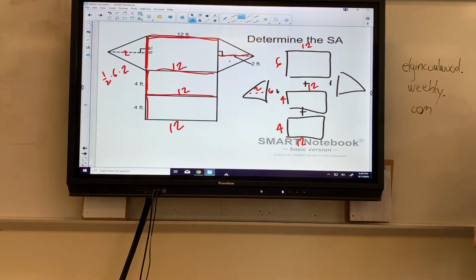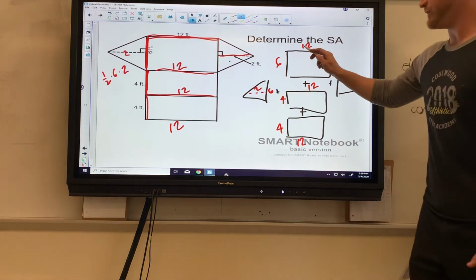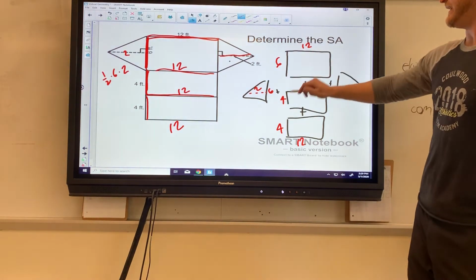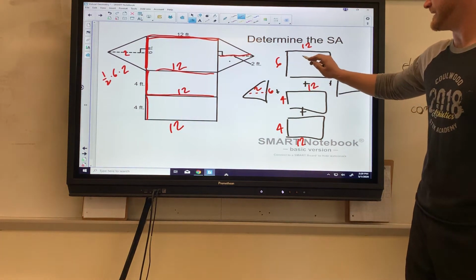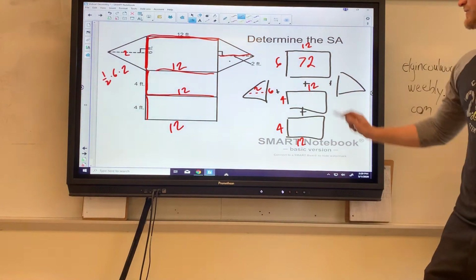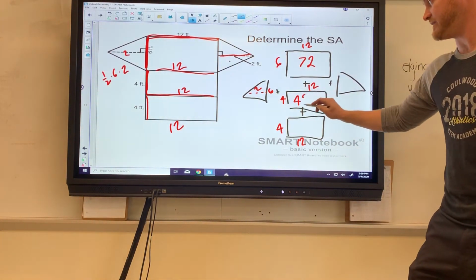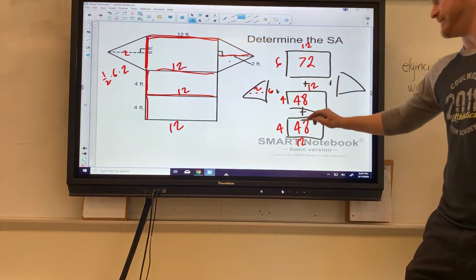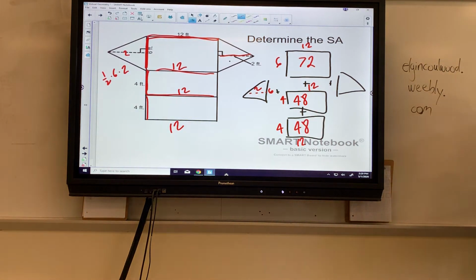So now the easy part is to calculate the areas. With the rectangles, it's length times width. We have 12 times 6, so that's 72. These 2 pieces are congruent, so 12 times 4 is 48, and if that one's 48, this piece is also 48. The triangles are also congruent.